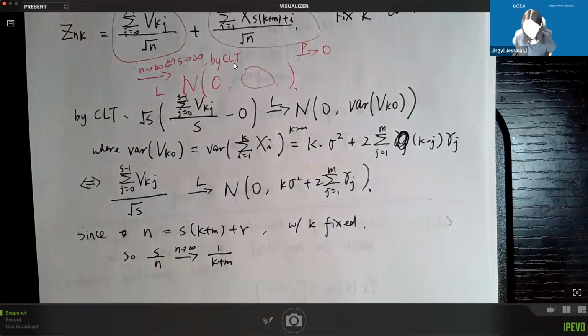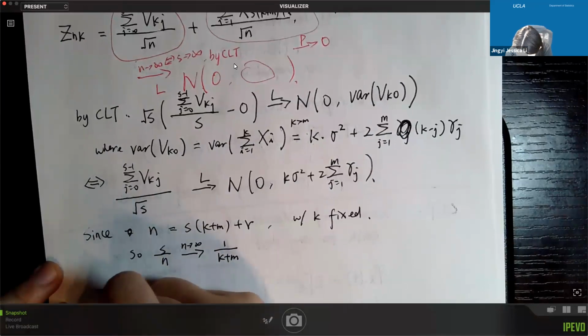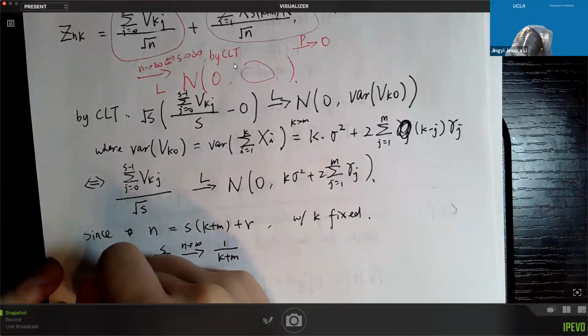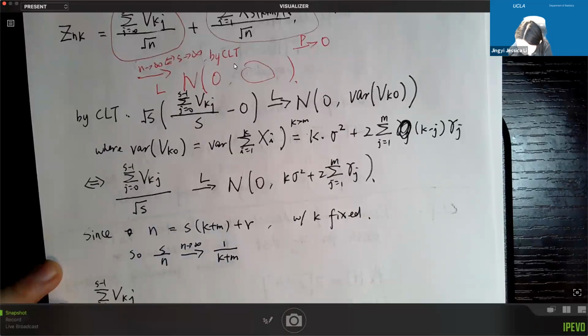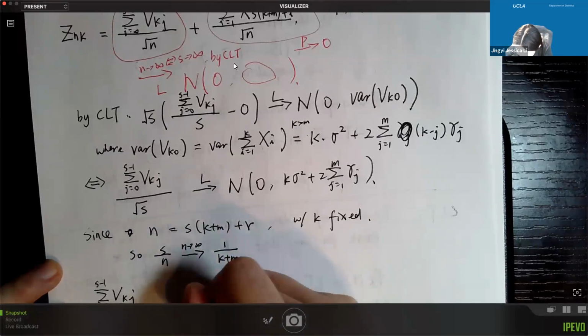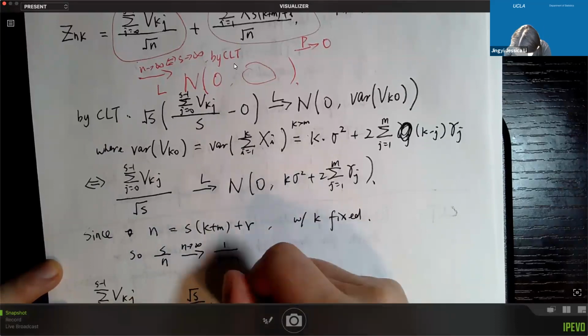So if I multiply, the summation of v_kj, j from 0 to s minus 1, times root n, can be written as root n, root s divided by root n, times this.